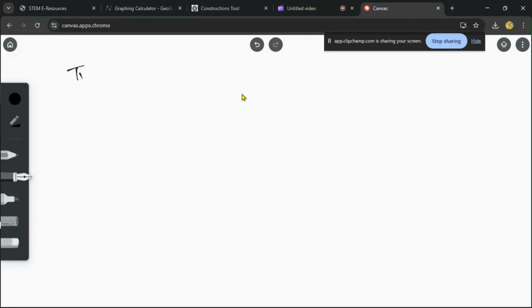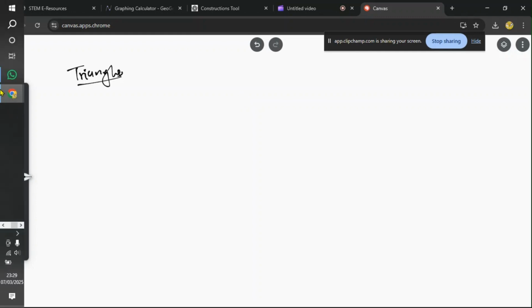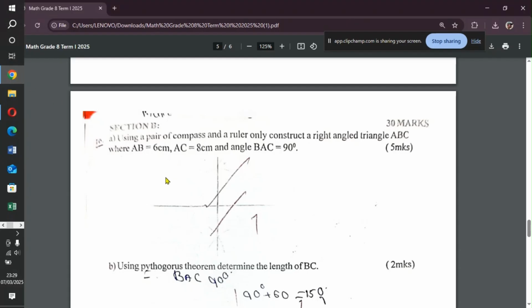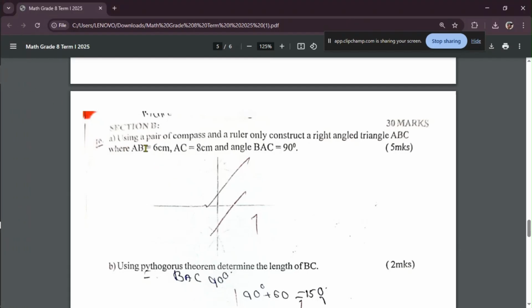So here it is, a triangle. I write down the triangle, and it has the measurements. Let me go back to the question. The measurements here: AB is 6 centimeters, and AC is 8 centimeters.